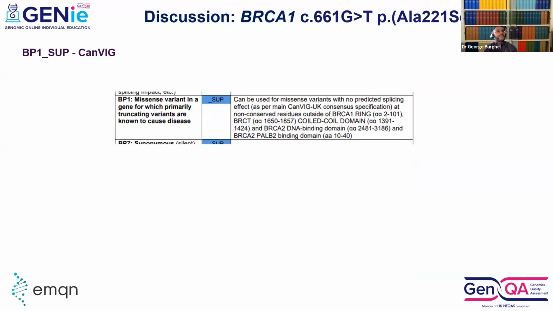Next slide, please. For BP1, it's very similar to the Enigma guidance, but in CAMVIC, the strength is capped at supporting, different to the ability to use it up to BP1 strong using the Enigma guidance. And added together, next slide, please.